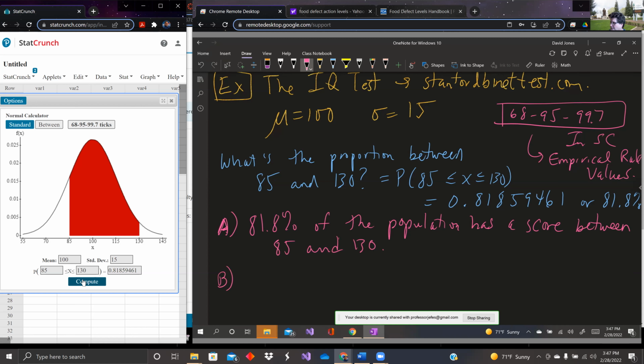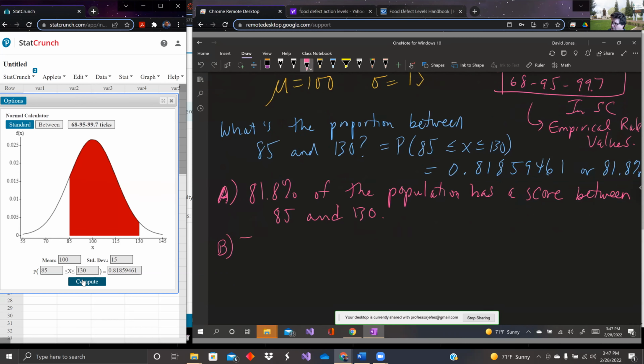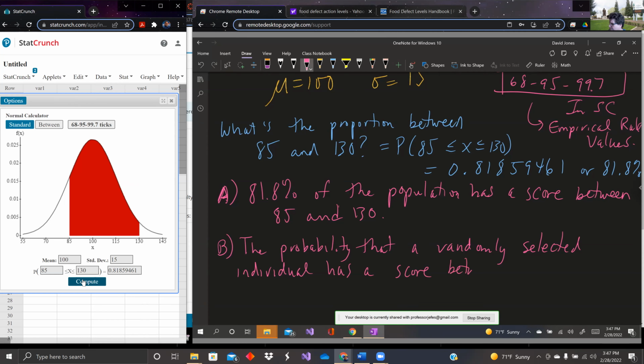And B: the probability that a randomly selected person has a score between 85 and 130 is 81.8%. I do not like the way that between looks.